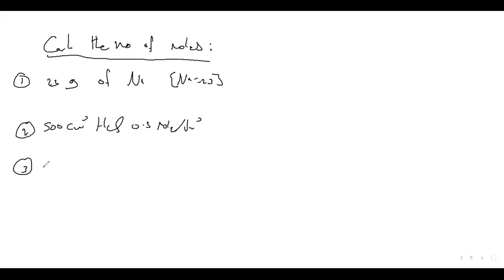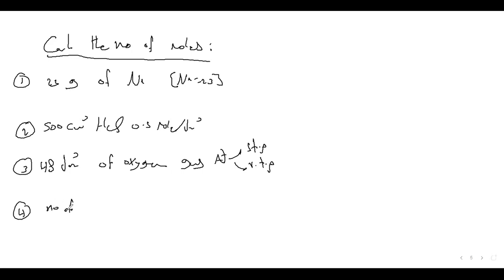Calculate the number of moles in 48 decimeter cubed of oxygen gas at STP and at RTP. Calculate number of atoms in 3.01 times 10 power 23 sodium.